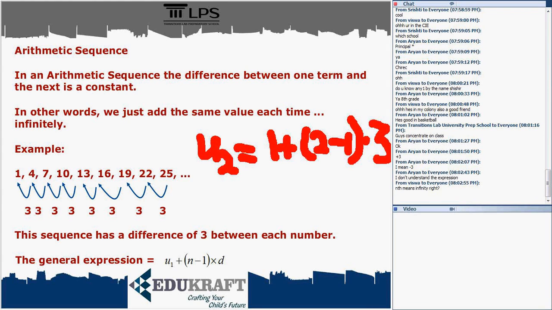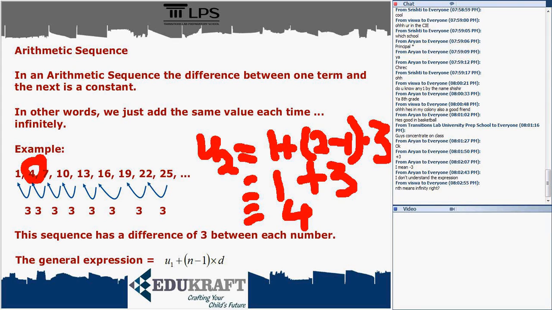So the result is equal to 4. So the formula works for this one, the second term, and works for all other terms.